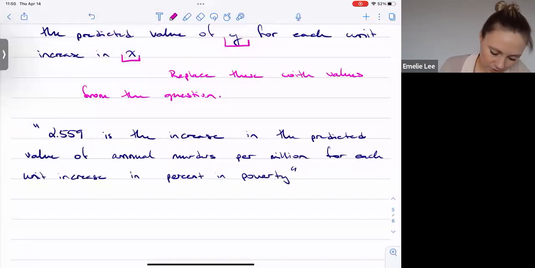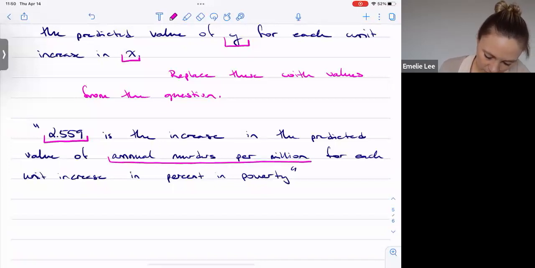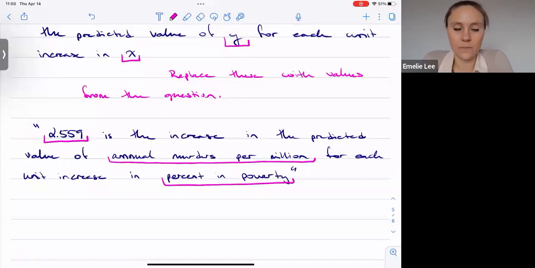So see how I've just replaced these values with the appropriate thing from the question. You take that general definition, which I've given you, and you're going to have it handy somewhere.